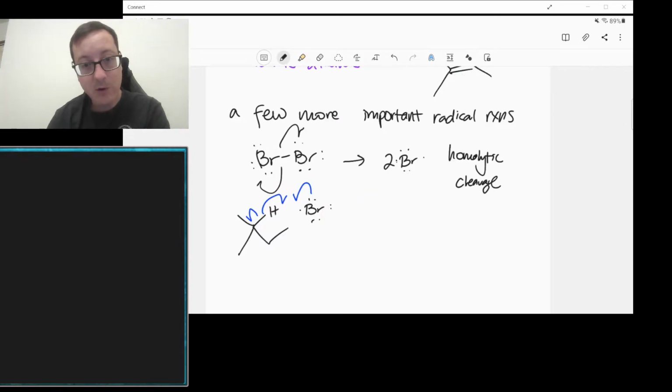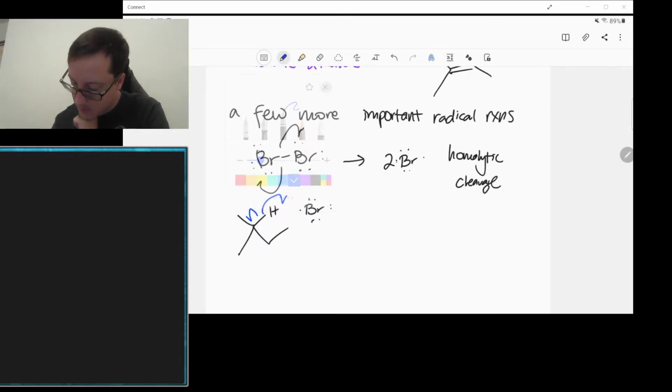Your arrows should be pointing to either an atom or a bond. If it's pointing to an atom, you're going to form a radical on that atom. If you're pointing to a bond or a space in between 2 atoms, like we are doing here, because actually we should be reacting the radical, not that lone pair. Whoops.